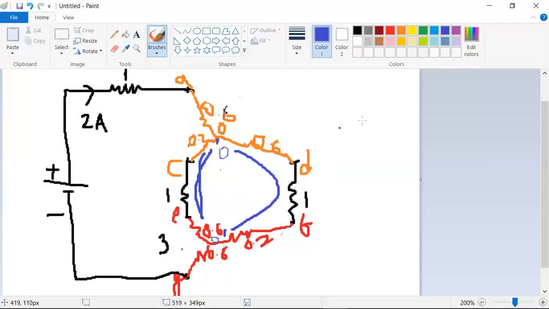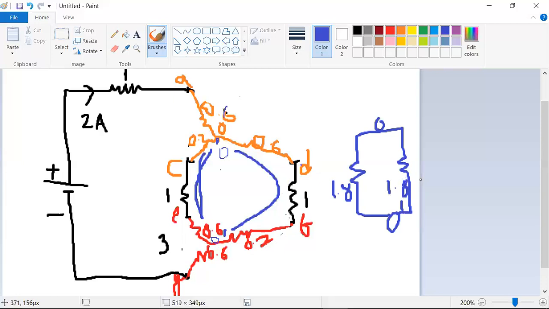Hence, O dash will be like this. What about this value? 0.2 plus 1 is 1.2, 1.2 plus 0.6 is 1.8. The value is 1.8, and again 1.8 on the other branch.